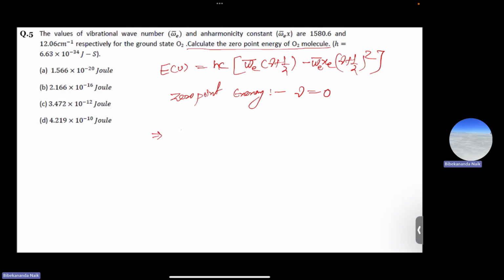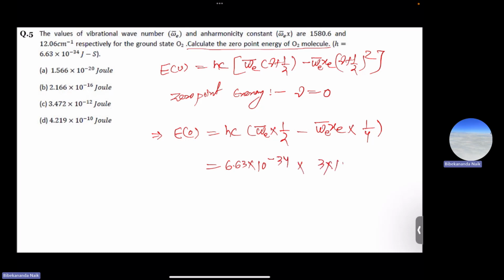Then if you put the value of V equal to 0, E0 will be hc omega e bar into half minus omega e bar xe hc into 1/4, that is the square of half. So you have all the given values. It is 6.63 into 10 to the power minus 34 into 3 into 10 to the power 8. Then omega is also given.